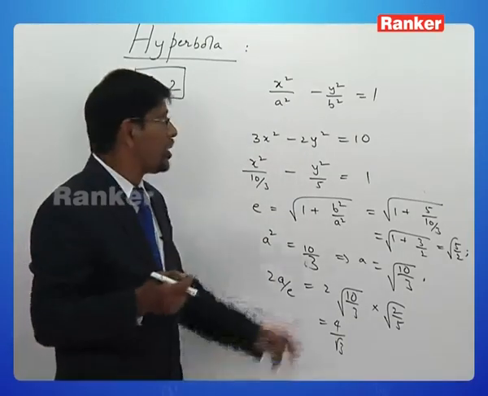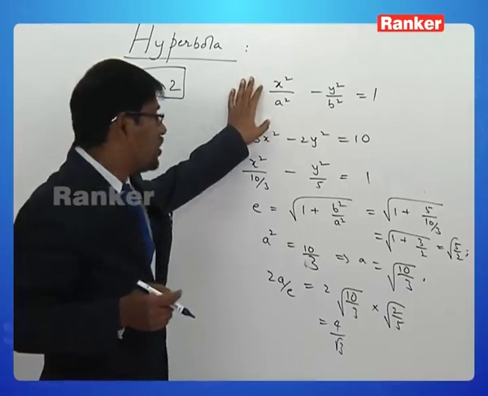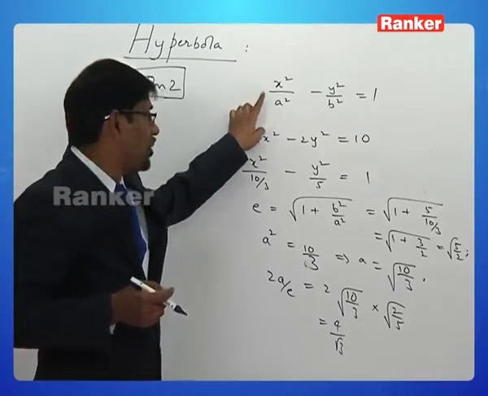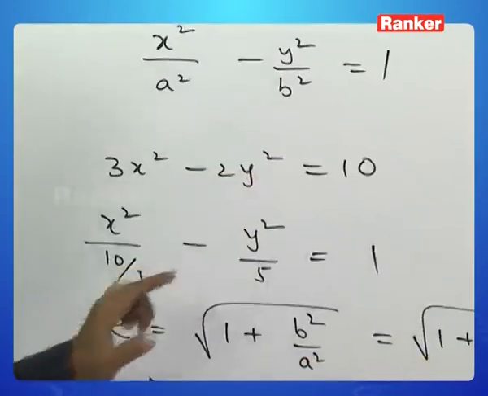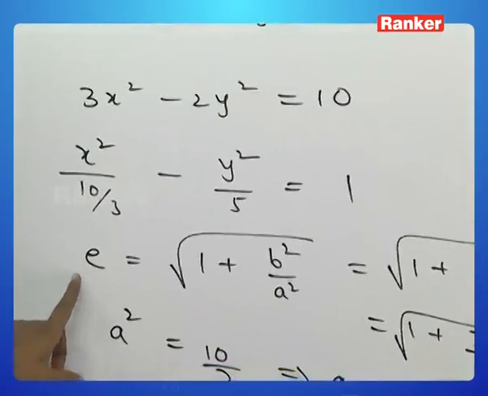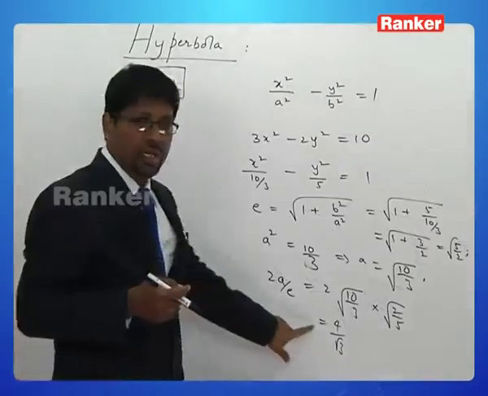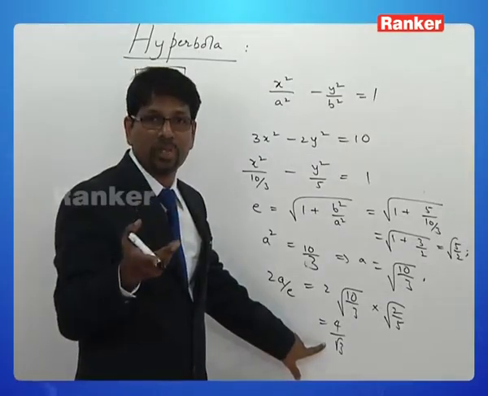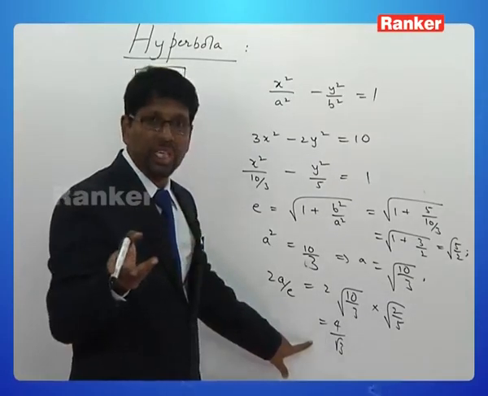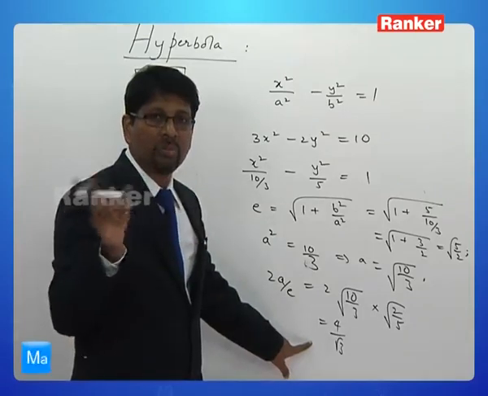What is the direct method of approach? That I could substitute this point and I get an equation in a square and b square. Already we have one equation, a relation between a and e, since 2a by e is given to be 4 by root 3. We also have a relation between b, a, e.